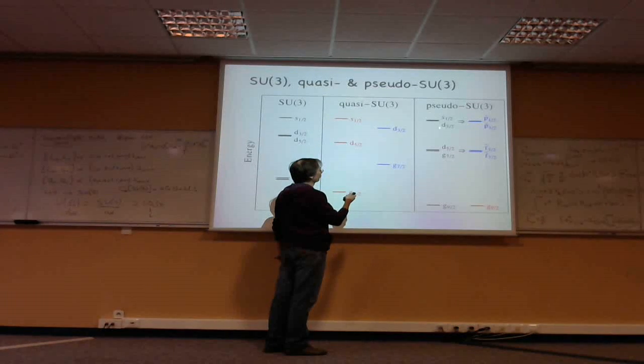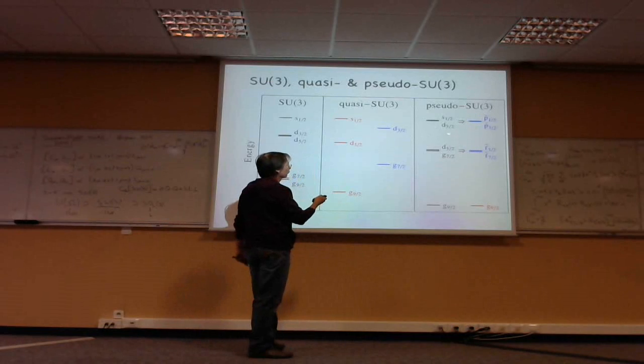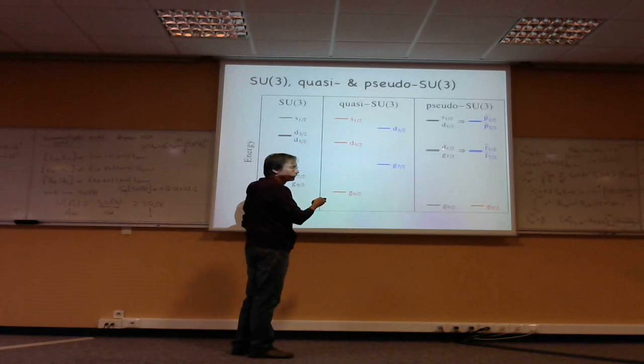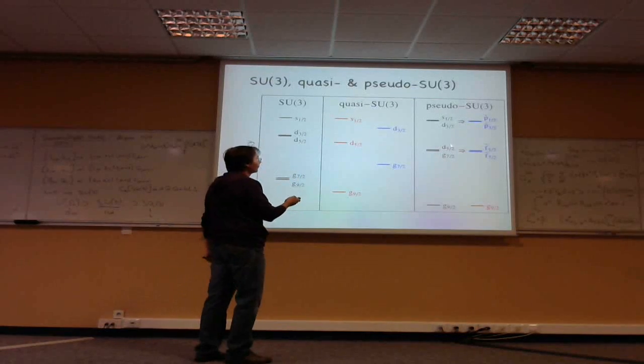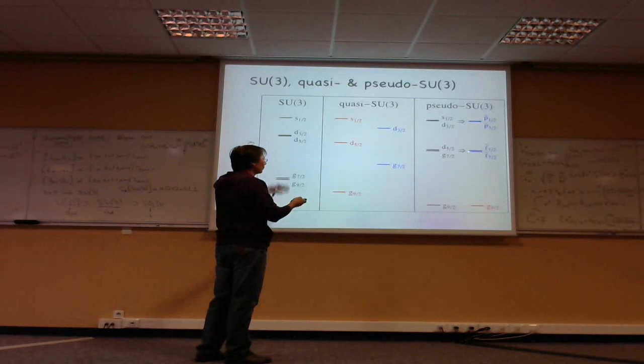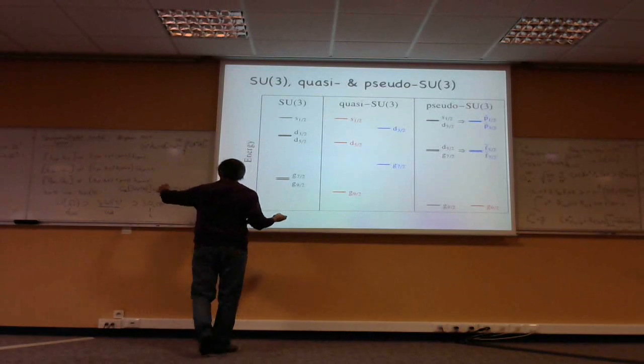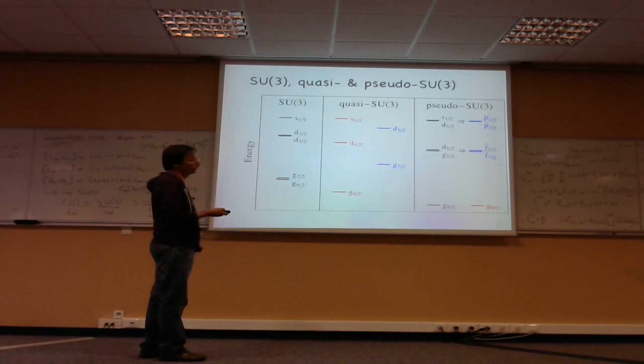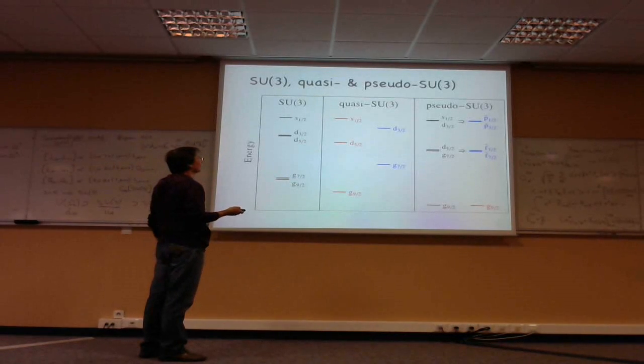The same here, S1 half and D3 halves. Actually, that's not a bad approximation. If you forget about the unnatural parity orbit here, which is H11 halves, these degeneracies are more or less there in the spectra. You can then follow the whole classification in terms of pseudo SU3 and pseudo SU4, and it works out more or less the same.